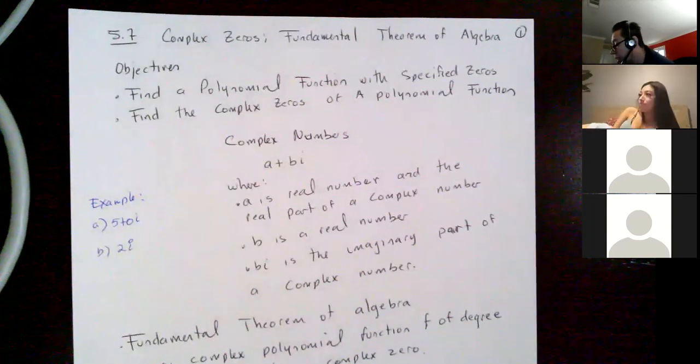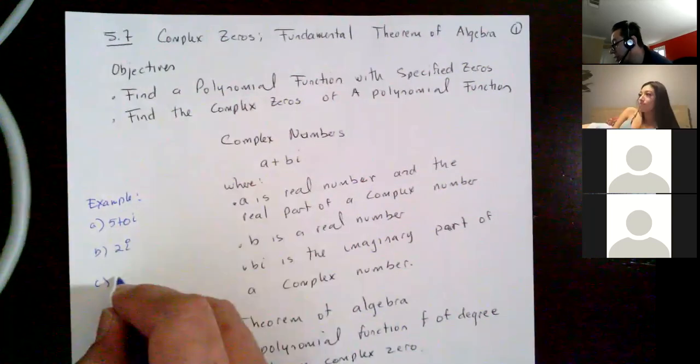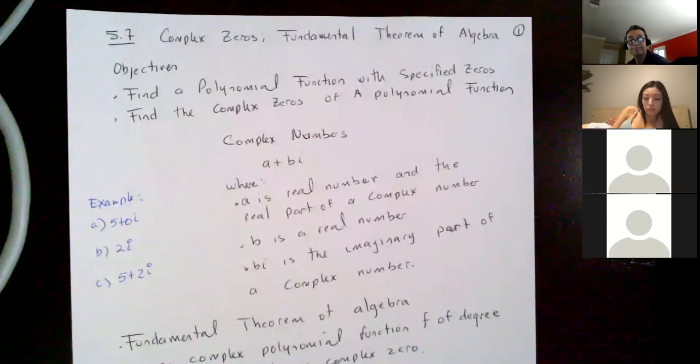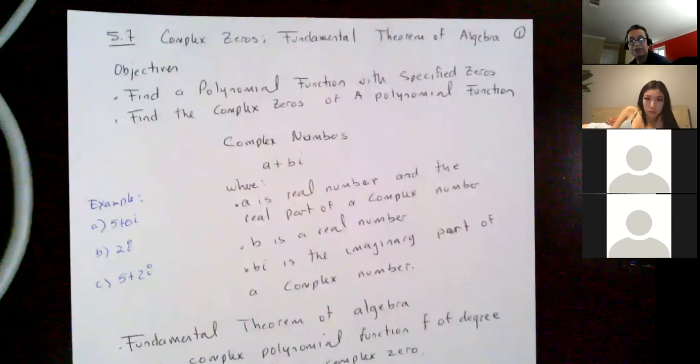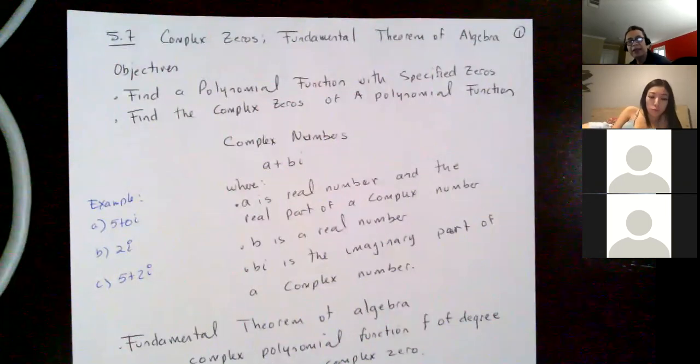Or I can write 5 plus 2i. So with this in mind, you guys, all of these numbers that we covered before are complex numbers. Real numbers are complex numbers, natural numbers are complex numbers, integers are complex numbers, whole numbers are complex numbers. So everything else that we cover are complex numbers, by the way. All right?